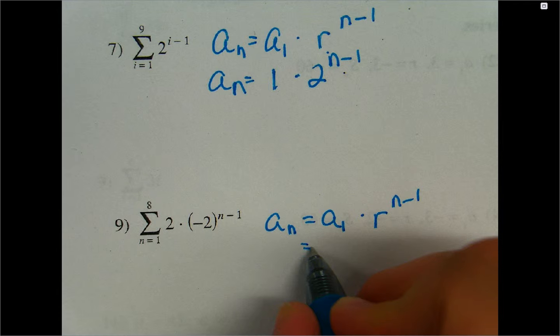That a sub 1 was 4, because in the general formula for a single term, it's a sub 1 times r to the n minus 1. So I see a number times something to the n minus 1. So that's my a sub 1. That's got to be my a sub 1.